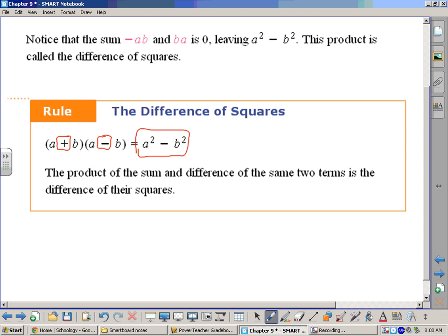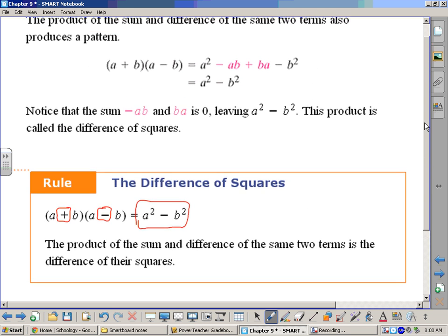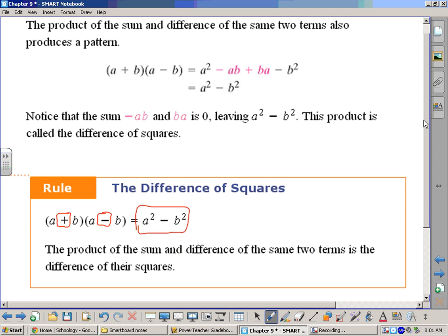The reason why is that when we multiply the outside terms, we get a negative ab because there's a negative b. When we multiply the inside terms, we get a positive ab, which are opposites of each other.